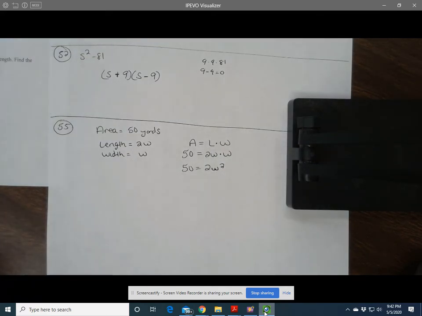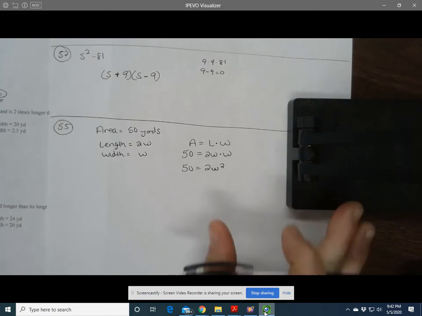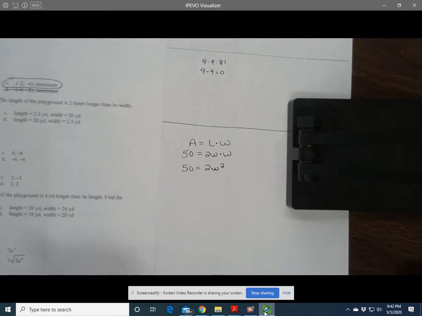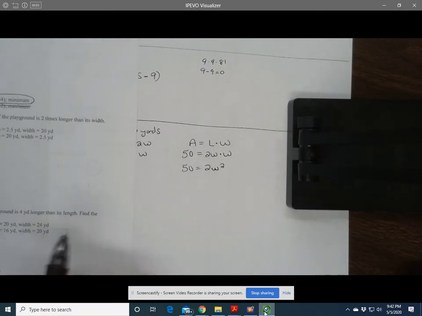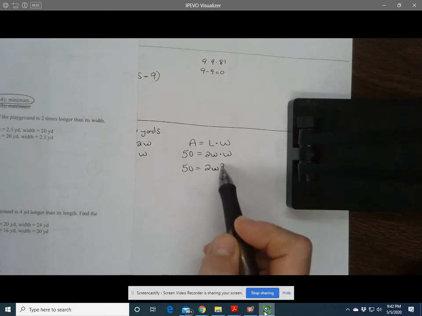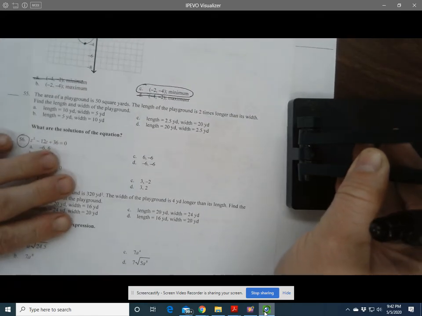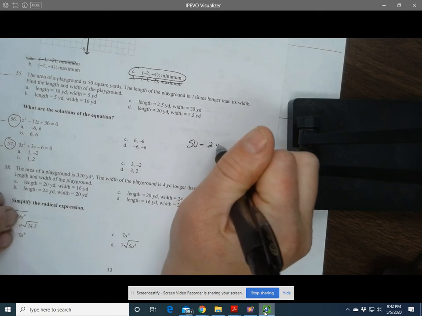So if I wanted to find out what number would work in there, if you're having trouble, you could always look at your multiple choice options and see which one is going to fit. So if one is 2 times the second one, what can I plug in there to see? Let me write this down: 50 equals 2W squared.